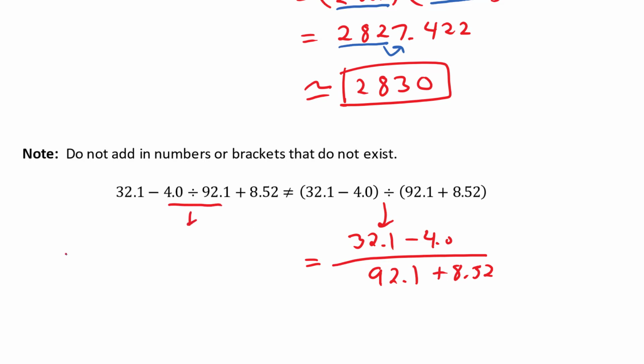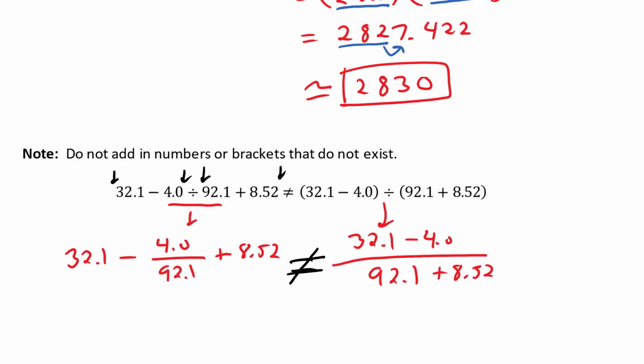So you could rewrite this as 32.1 minus 4.0 divided by 92.1, add to that 8.52. Notice these two things, they're not equal. So as a reminder, if you don't see brackets, don't add them in. This is a common theme that students do. They stick brackets in. If they don't exist, don't add them in.